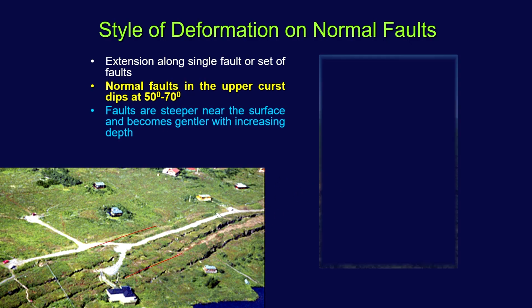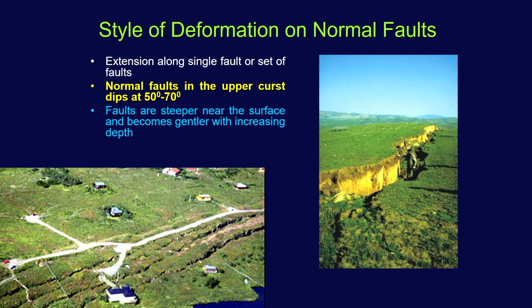So further, if you see the close up of the ground photograph, then you can make out that this block has moved down with respect to the other. So this will be your hanging wall and this will be your foot wall. So movement has occurred along this line. Okay.